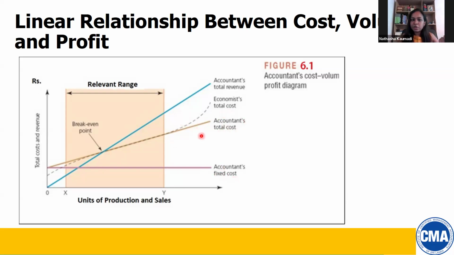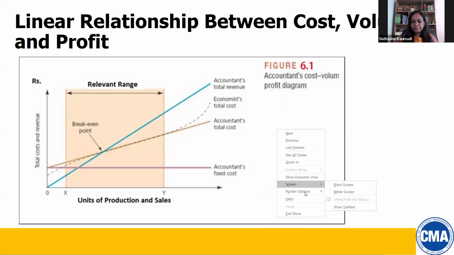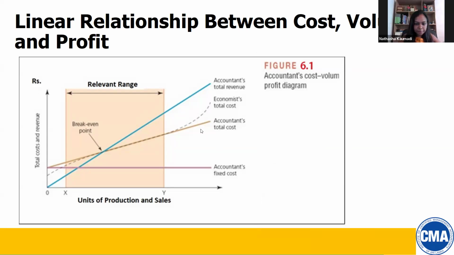Total cost includes variable cost and fixed cost both. So that is why it is increasing in that case. But if we take fixed cost, it is constant. This area would be variable cost. Why? This is fixed cost. This is total cost. The difference is the variable cost.